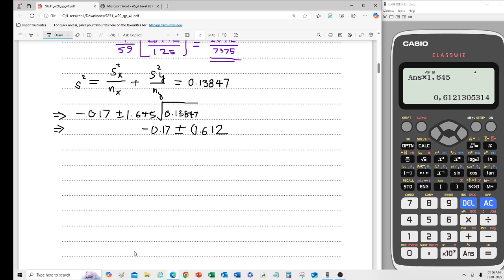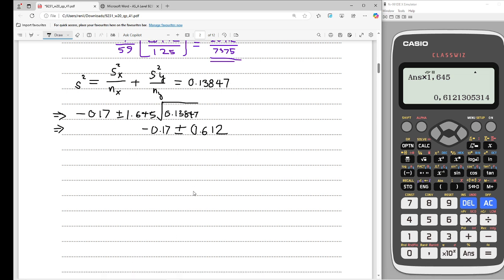Okay, now most of the time I always say that whenever we're writing confidence intervals, we write in the format negative comma positive. Once again, I will specify that negative comma positive doesn't mean that our first value should be negative and the second value should be positive. It means that when you use minus instead of the plus, you will get an answer, and that will be the first value here.